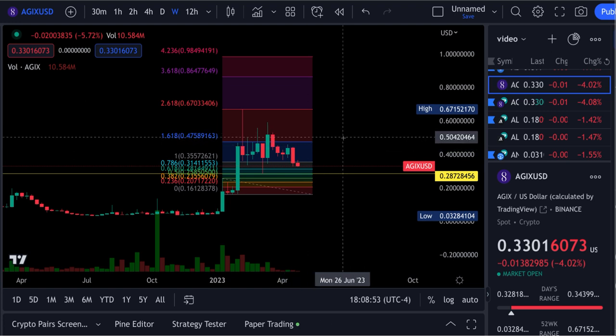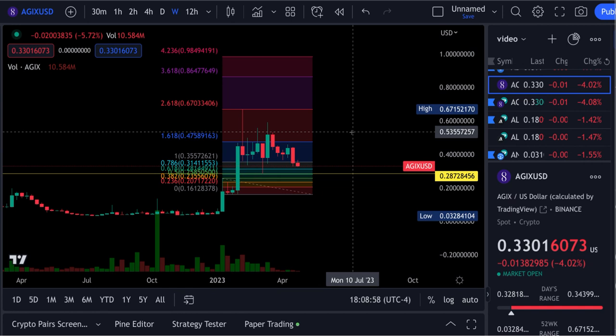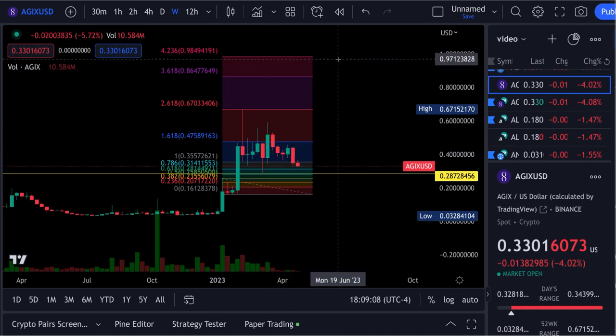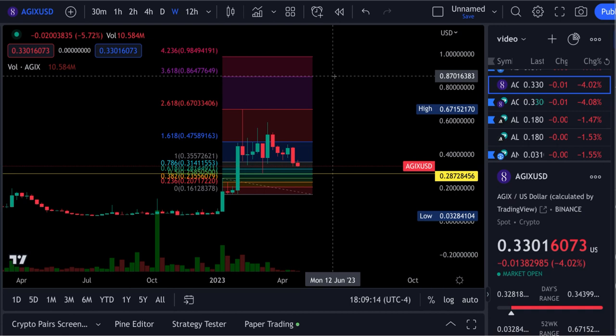So this is not financial advice whatsoever. It is just what I'm seeing in the charts. I'm showing it to you guys and letting you do with it what you want. So if this ends up being a 5-wave, a full 4.236 extension would put this thing up at 98 cents. If it ends up at the 3.618, that's an 86 cent.